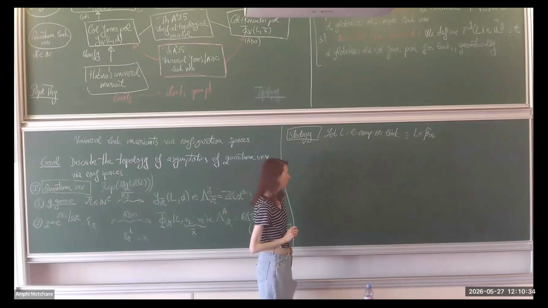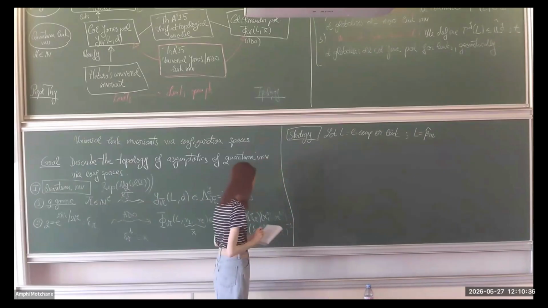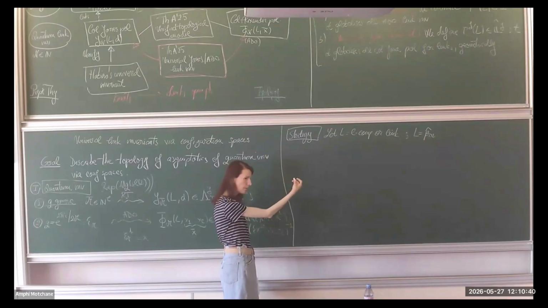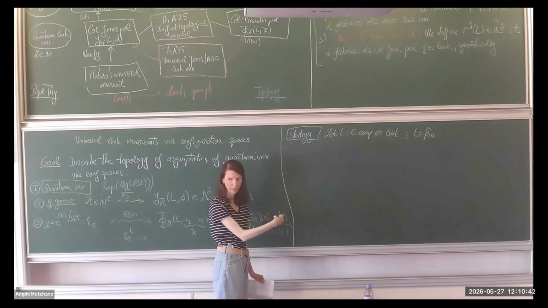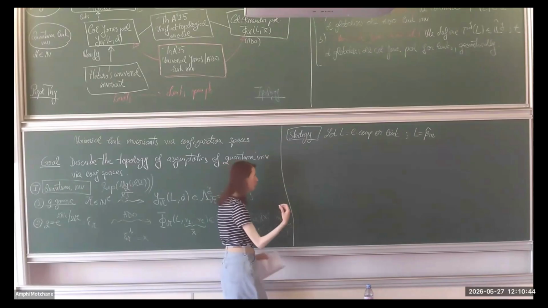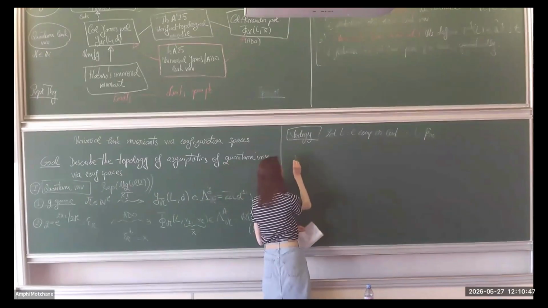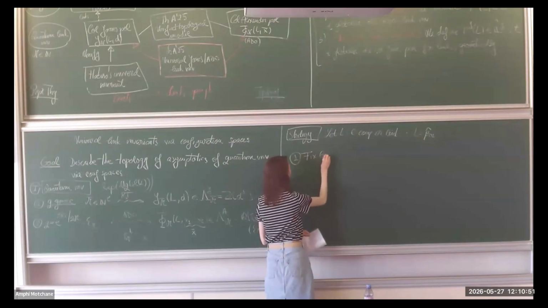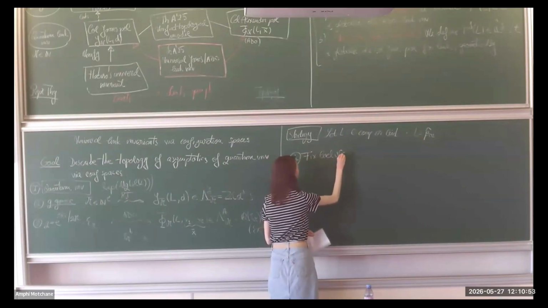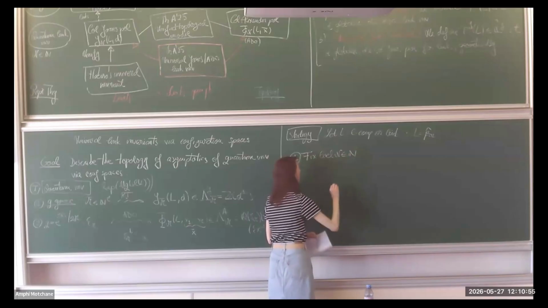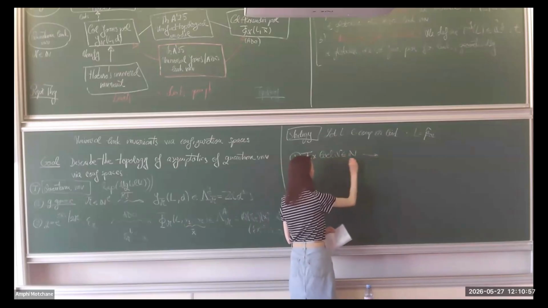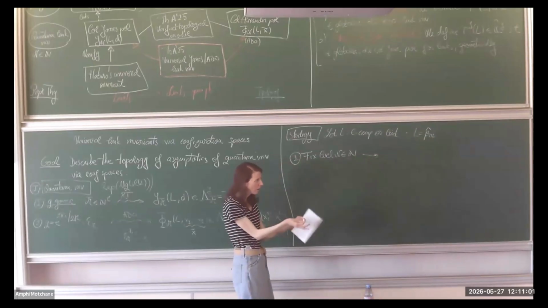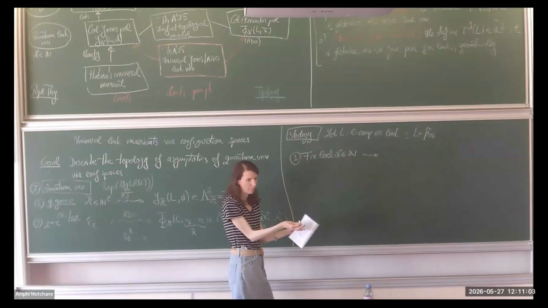And so now we have two steps. The first step is topological, and the second step is algebraic. On the topological side, we'll fix a level n, and once we have the level and the number of strands of the braid, we'll look at one particular configuration space.